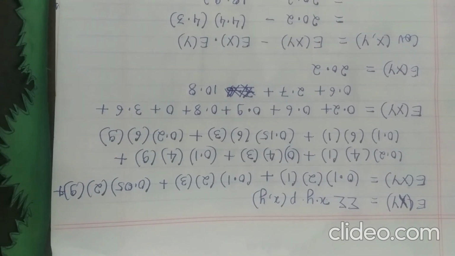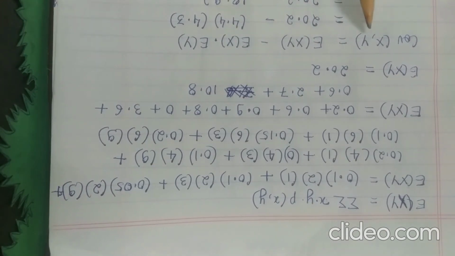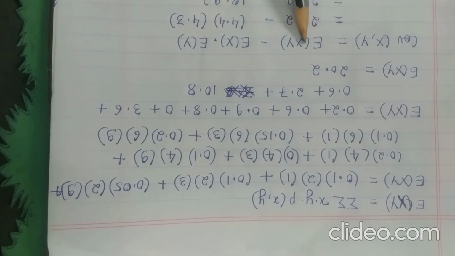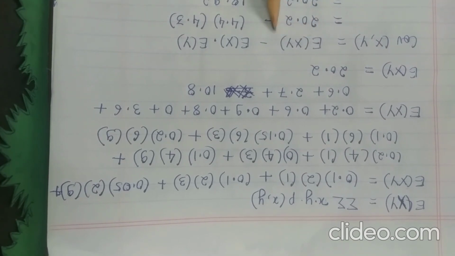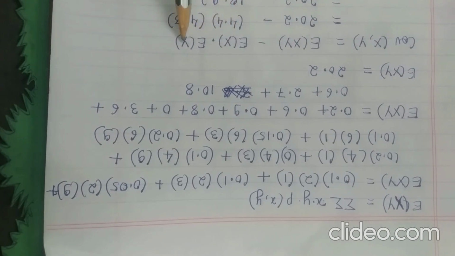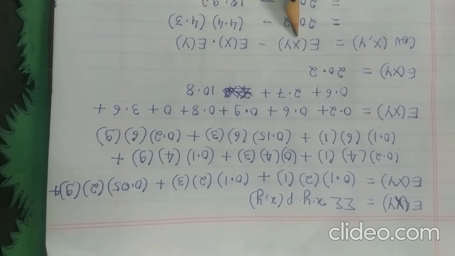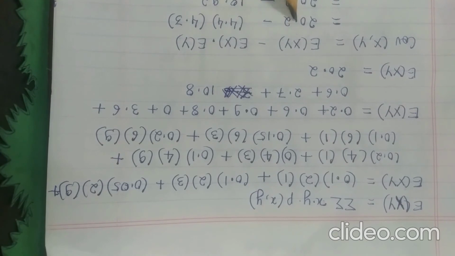Now once you got E of xy, the next thing what you have to find out is covariance of x comma y. Covariance of x comma y, the formula for that is expected value of xy minus E of x into E of y. So you know E of xy we have found out just now, that is 20.2.